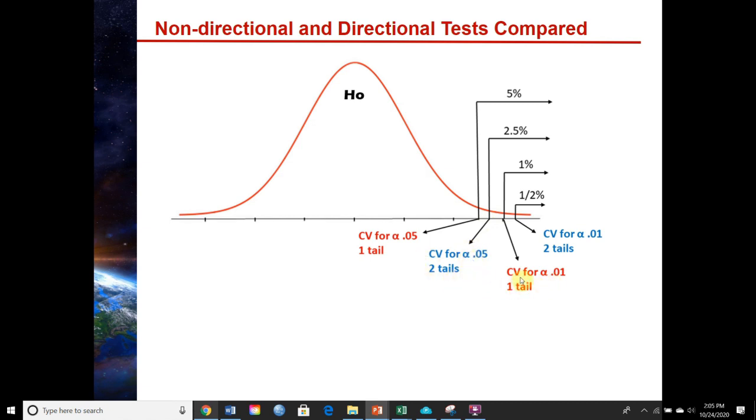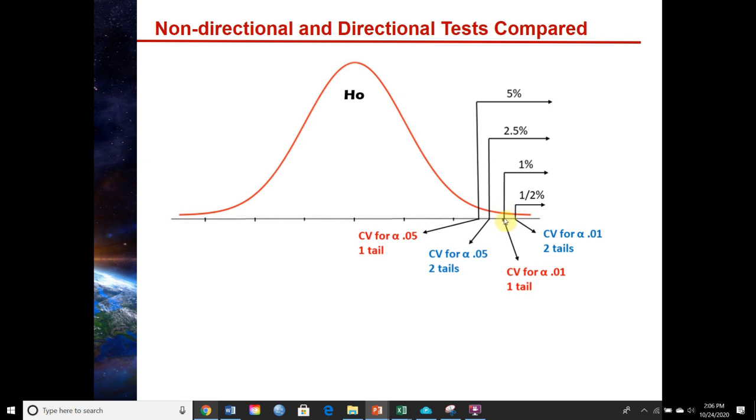Now let's look at a critical value for alpha 0.01 one tail. Well, if it's one tail, that means we're going to have all 1% in that one tail, right? We're not splitting it up. So now let's imagine that this area here represents 1% of the area under the curve.